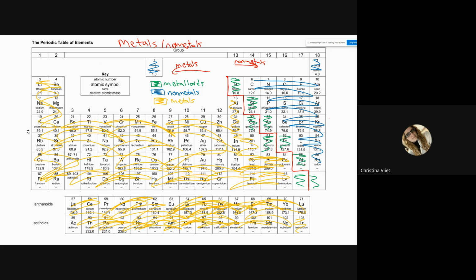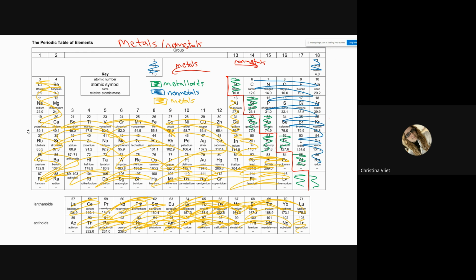The easiest way to do this is to write the staircase and remember your metals are to the left and your non-metals are to the right. And then somehow remember the middle, the metalloids. The way that I memorized it is it's all the elements directly to the left and right of the staircase except for Alpo. I remember Alpo because that's a brand of dog food. Alpo is aluminum and polonium.